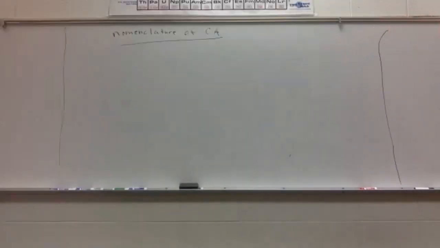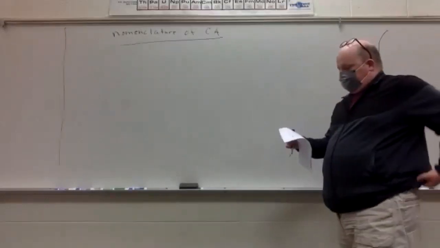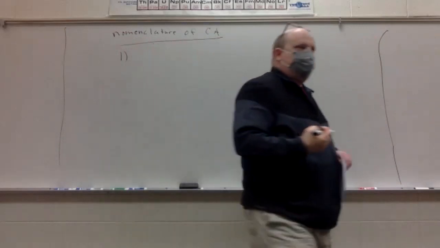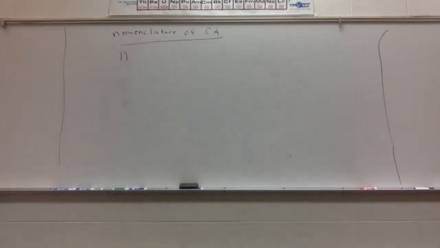All right, let's look at some rules. You know carboxylic acids have the characteristic COOH group, a C double bond O and then an OH attached to a carbon.